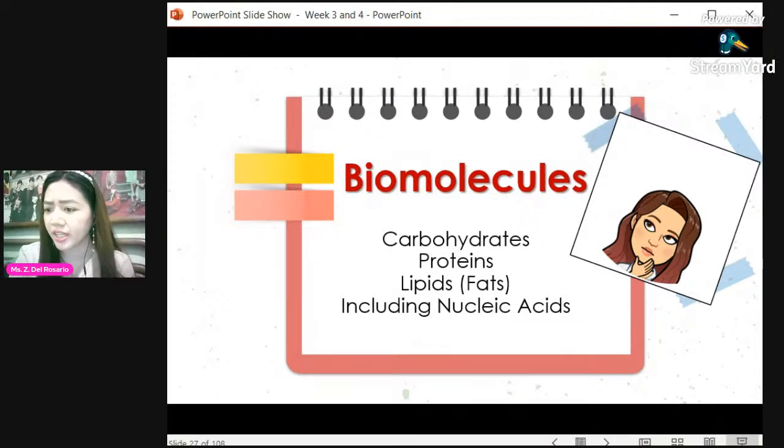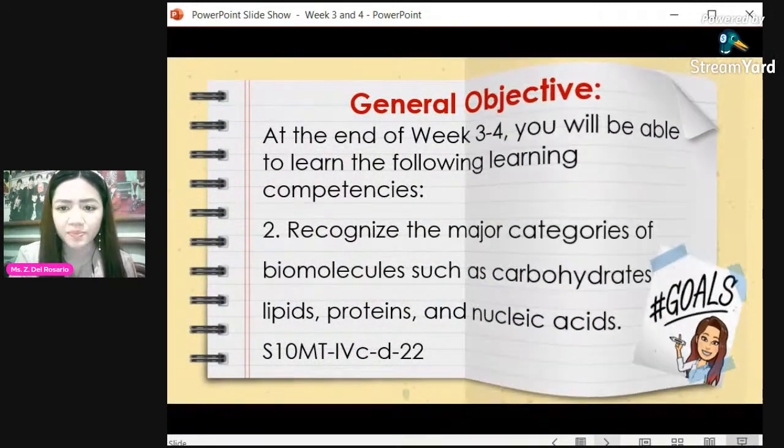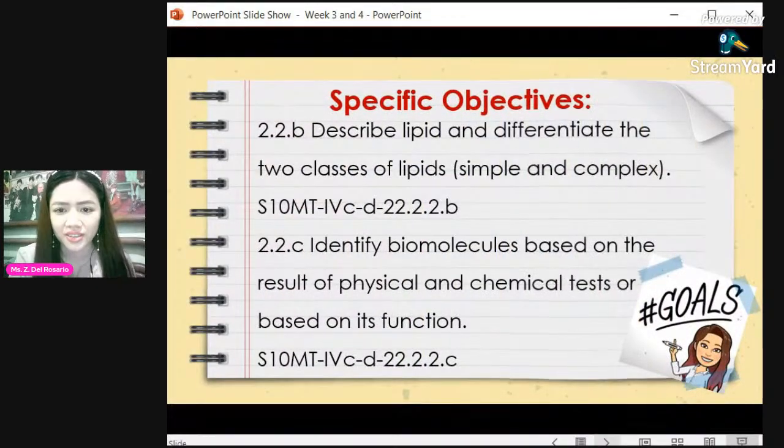So you were sharing that you also like donuts, ice cream, spicy fried chicken, french fries. You also have spaghetti, burger, adobo, noodles, kimchi, and pizza. And we will be finding out more of these foods as we deal with biomolecules, in which we'll be dealing with this general objective we are seeing from the screen and its specific objectives.